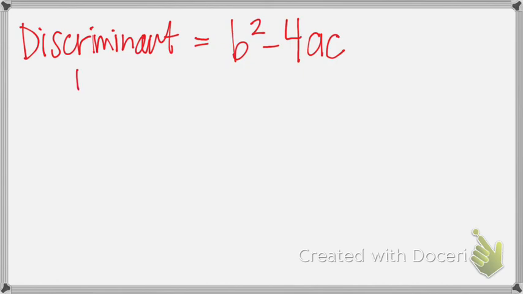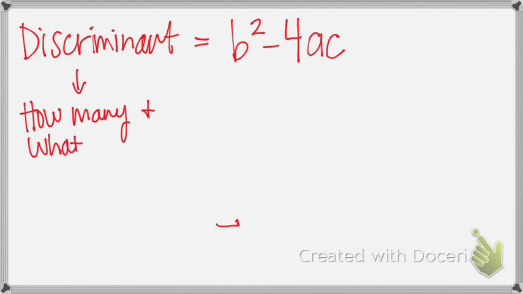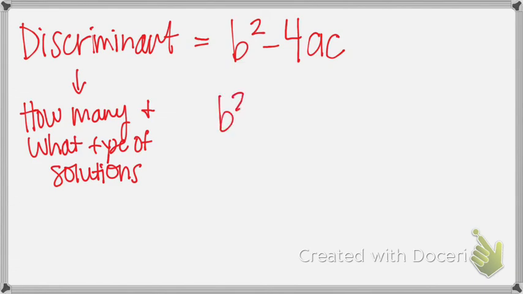So the discriminant tells us how many and what type of solutions. If it's greater than 0, what kind of number is it?